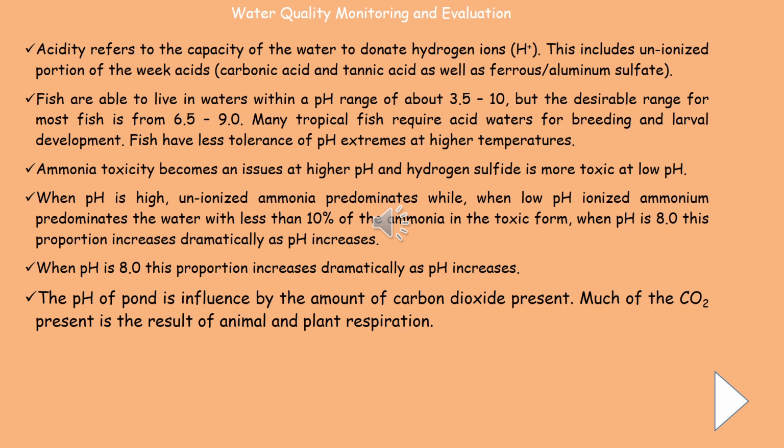When pH is about 8, this proportion increases dramatically as pH increases. The amount of toxic ammonia will increase much more when the pH is above 8.0.